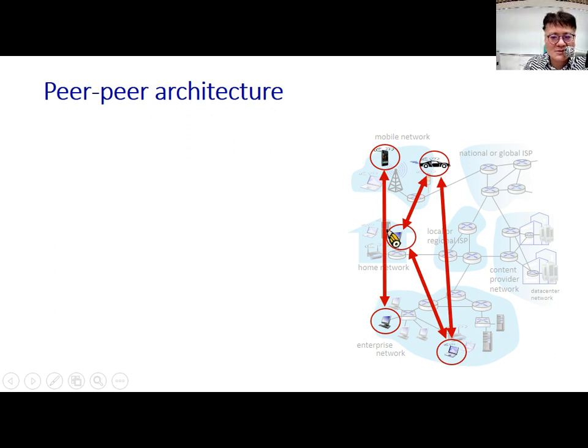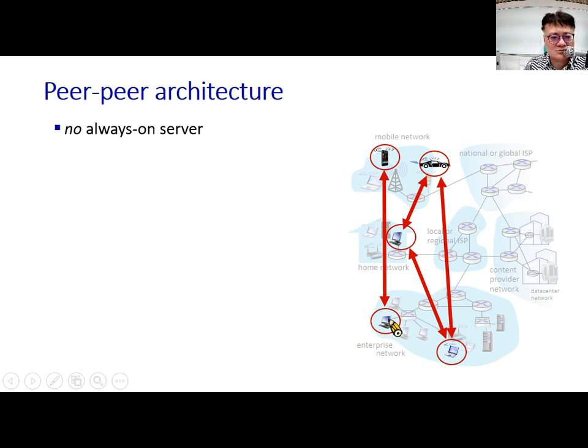So if we use a mobile phone traveling in a car, in a peer-to-peer architecture, it may be roaming or connected to this computer or to this computer, the mobile to this enterprise network. It's not an always-on server, right?